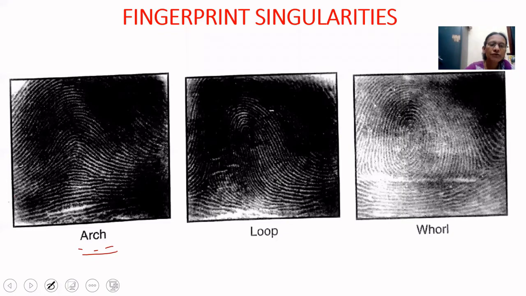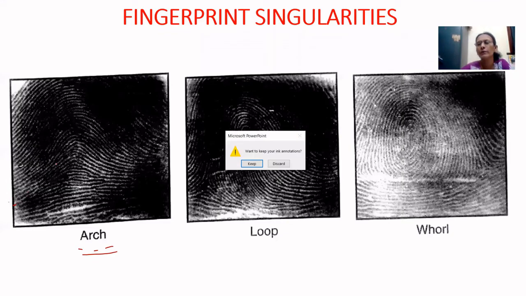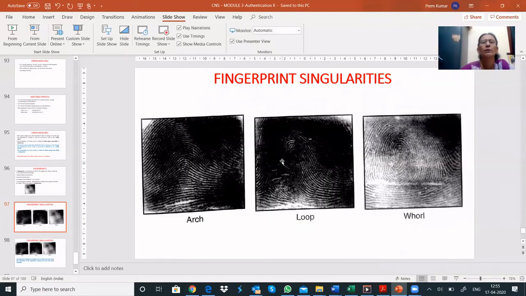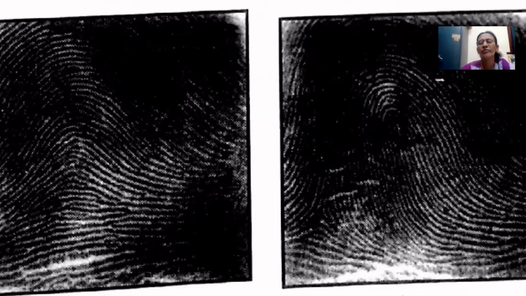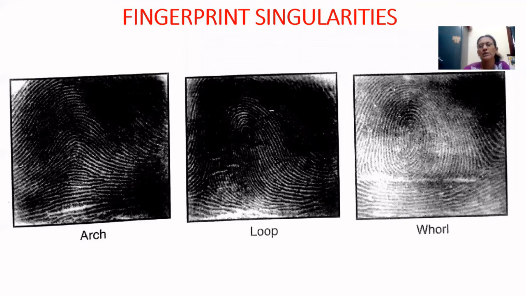What are arches? In an arch, the ridge starts from one end of the finger, forms a curve, and finishes at the other end. This is what is called an arch. Next we have a loop.